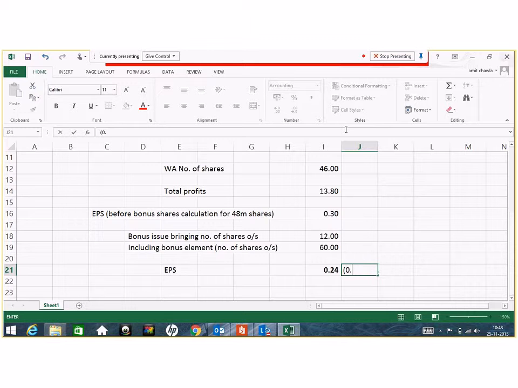So we have just simply done it like this: 0.30 into 48 divided by 60. Are you okay with that? This is the first part.